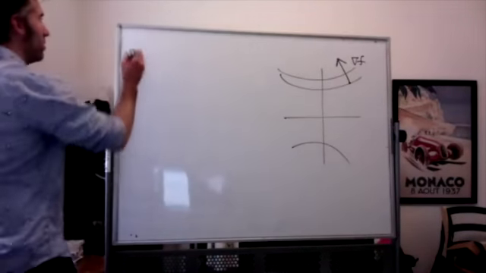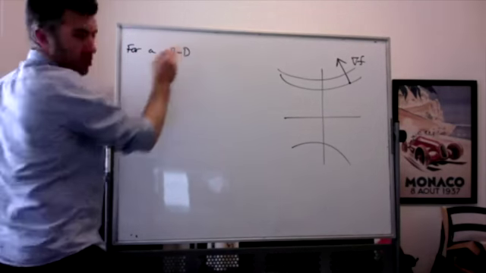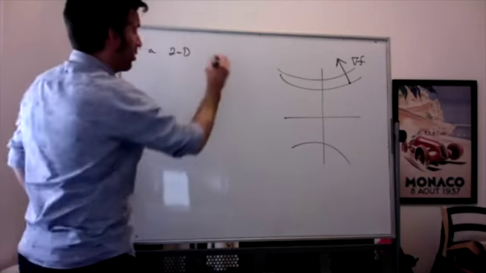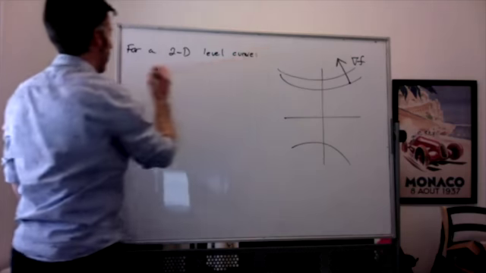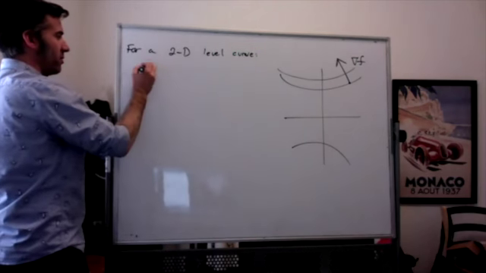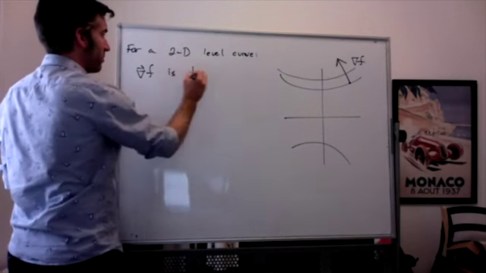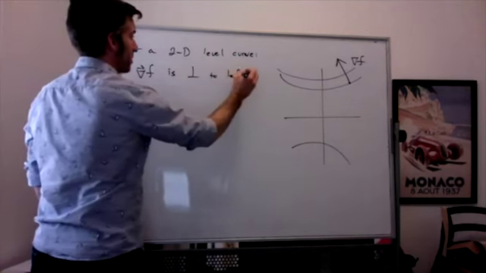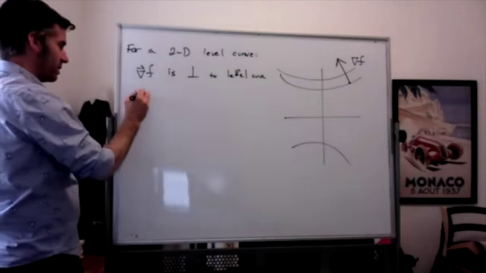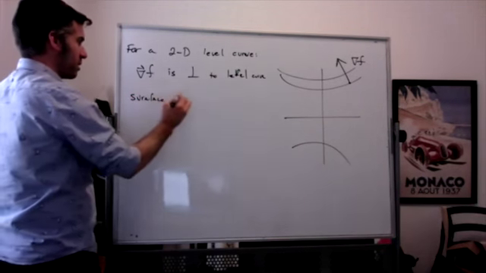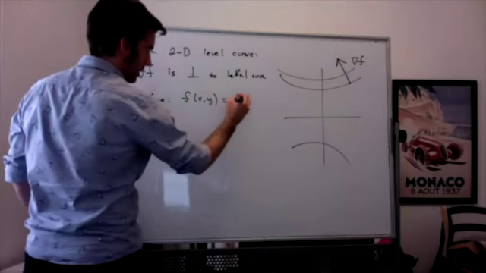say over here, for a 2-dimensional level curve, we have that the gradient of f is perpendicular to the level curve, where the surface is given by z equal to some f of x, y.